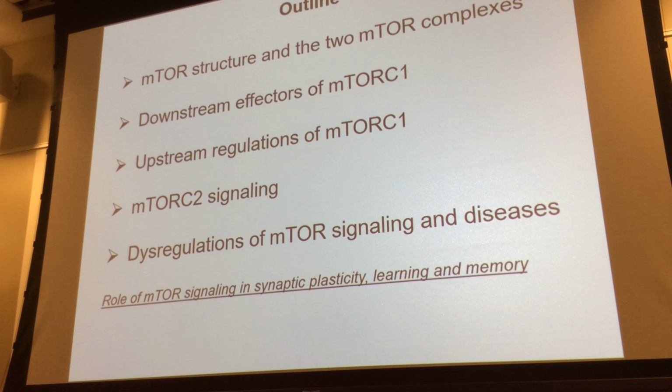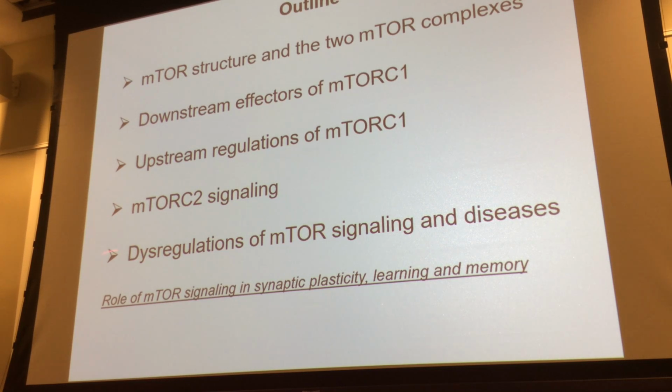Again, I'm going to highlight that in the mTOR signaling, most of the knowledge, most of the signaling studies focus on mTORC1. But meanwhile, it doesn't mean that mTORC2 is not important. So we're going to still talk about that, but very briefly. And also, what does that mean in the physiology and pathophysiology?